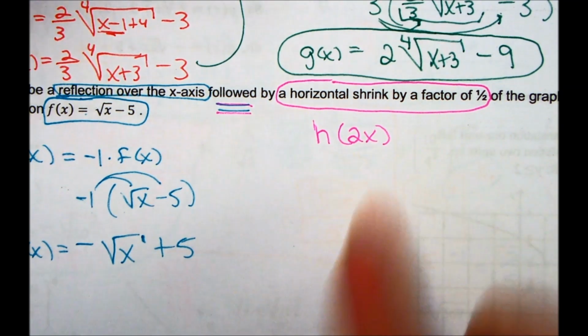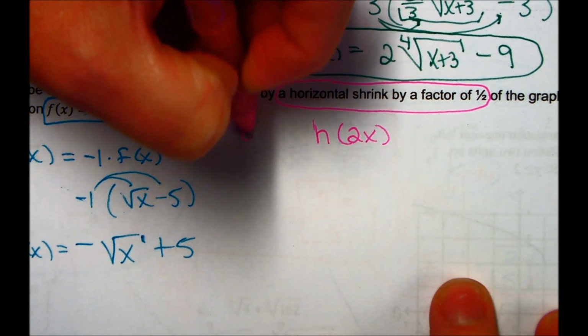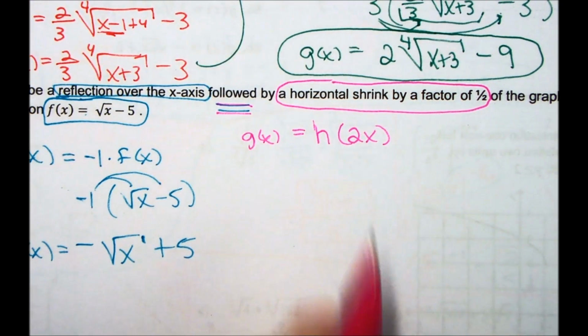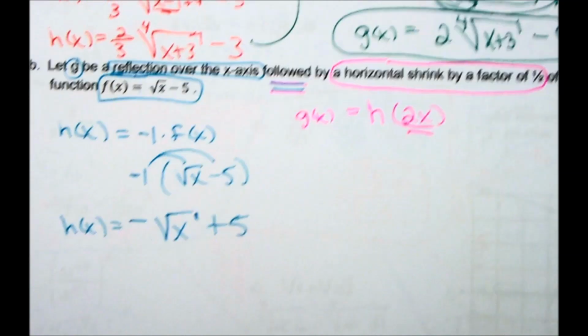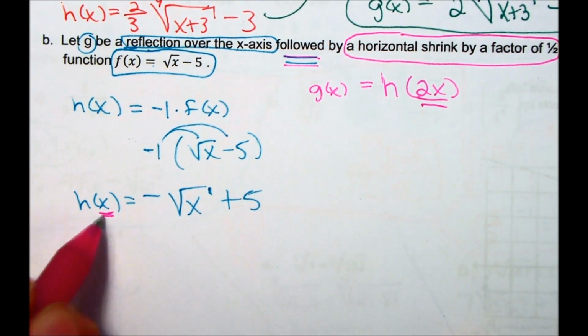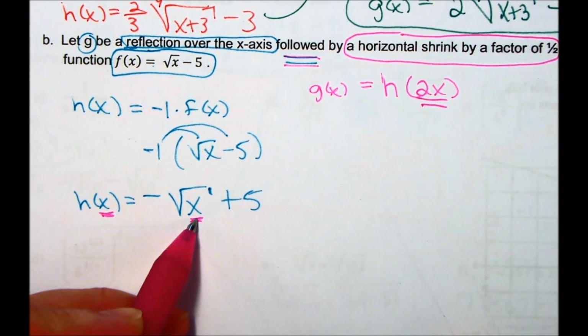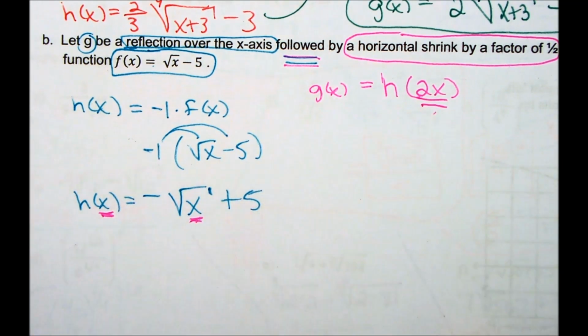In your equation, to get g of x, we have to replace the x with 2x. So in our h function, this x gets replaced with 2x.